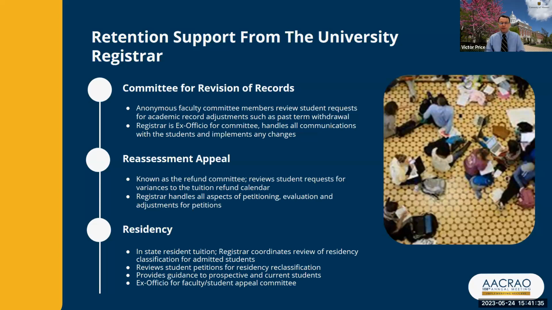The next one we're going to talk about is the reassessment appeal. Reassessment is what our cashier calls the action of requesting a refund that's outside of our normal assessment schedule. So we have a refund committee, it's called the reassessment committee, and they talk about petitions that students send in, again, with extraordinary circumstances.